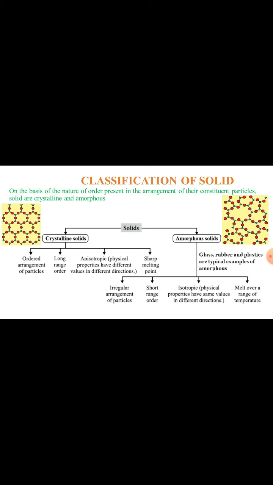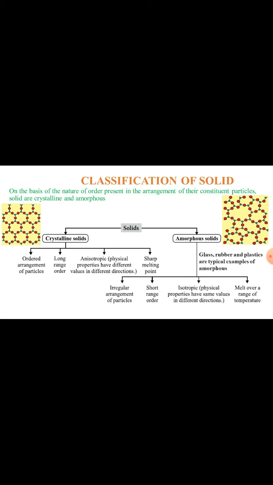This is due to different arrangement of particles in different directions. And lastly, sharp melting point. That is, if the melting point of any compound is 30 degrees or 40 degrees, that means at 30 degrees or 40 degrees that solid melts.